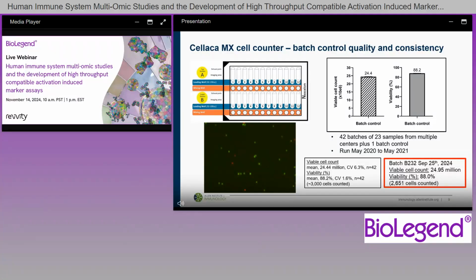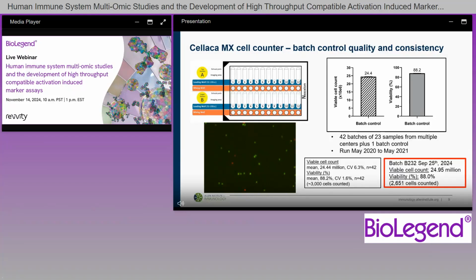We took the average of the viable cell count and the average of the viability, and that data stays extremely consistent. It's been consistent over the last 4 years that we've run this pipeline, and we run approximately 42 batches a year. So that's quite a few in the last 4 years.